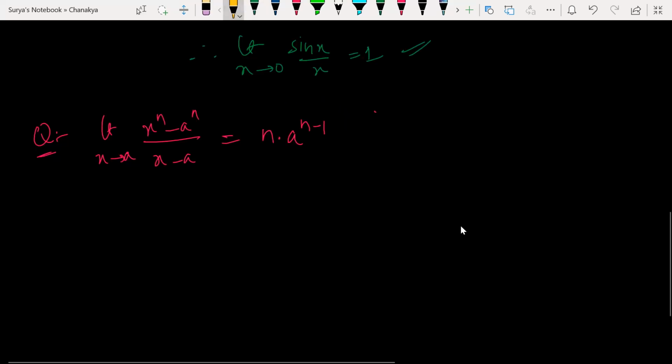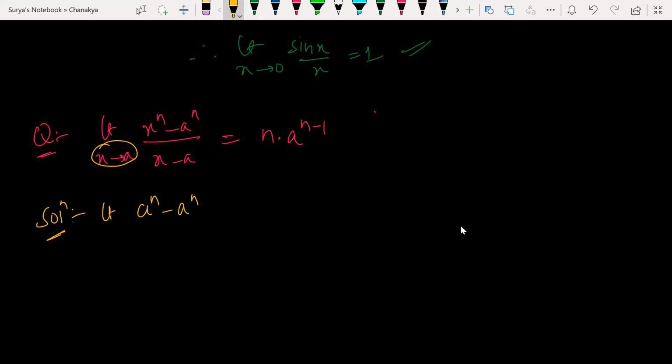First, substitute the value of x. What is the value of x here? a. So in place of x, you substitute a: a to the power of n minus a to the power of n divided by a minus a. So 0 by 0, again an indeterminate form.